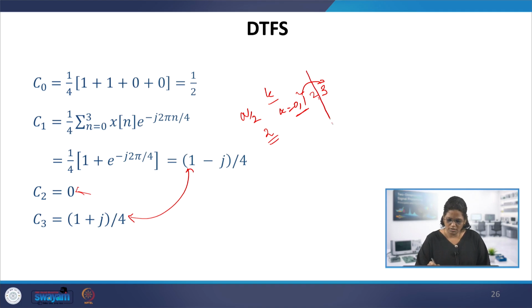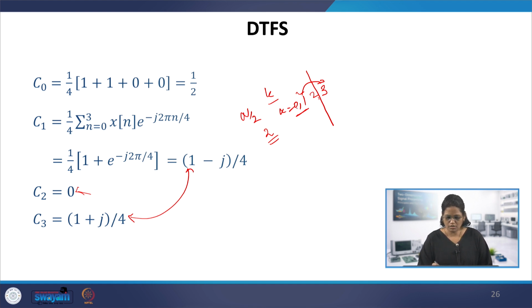So it is enough to find out up to n by 2 independent components. You can get n by 2 independent components in the DTFS. This also will be true in the DTFT if we take it. So we'll also discuss that similar argument in DFT.